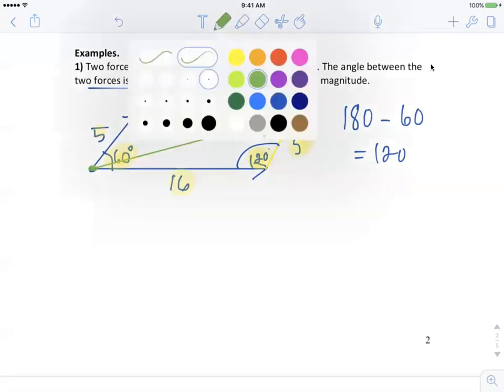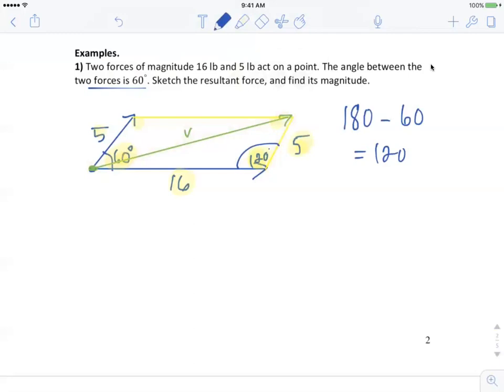Let's go back to our standard blue. I want the magnitude of V. When you see this, it looks like absolute value, that means magnitude. So what I just wrote there is the magnitude of V, and then the formula is squared. What I'm using is the law of cosines: A squared equals B squared plus C squared minus 2BC cosine A. I'm just using that, but using the notation that fits this picture.